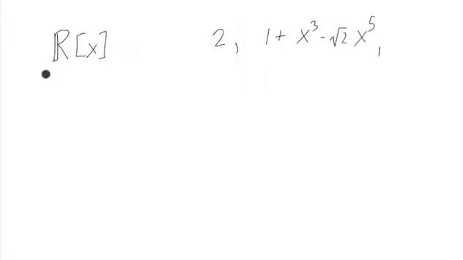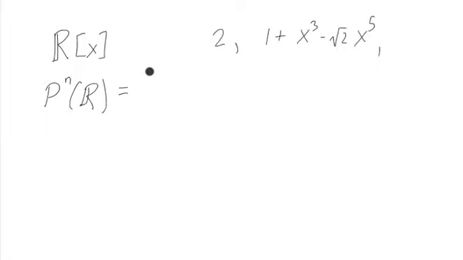So let's partition polynomials here into some groups. Using this notation, we can describe polynomials of degree n in this way with real coefficients. Let's let that be that set.